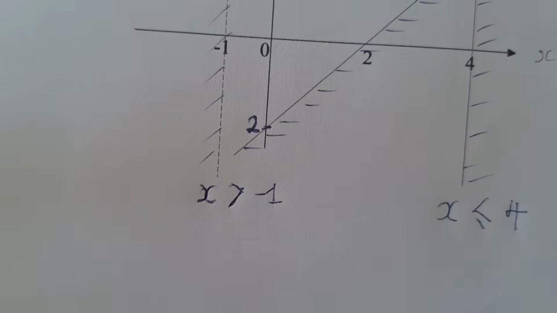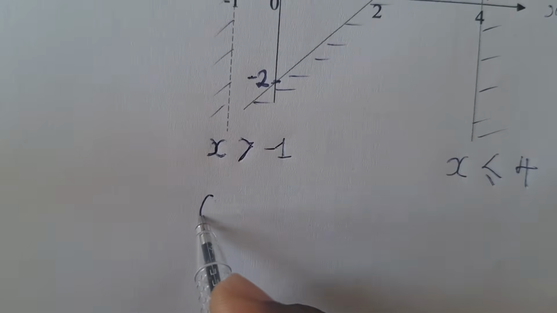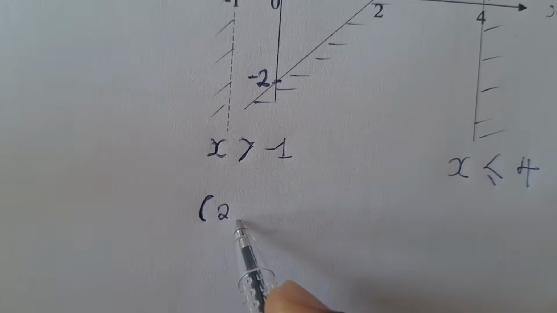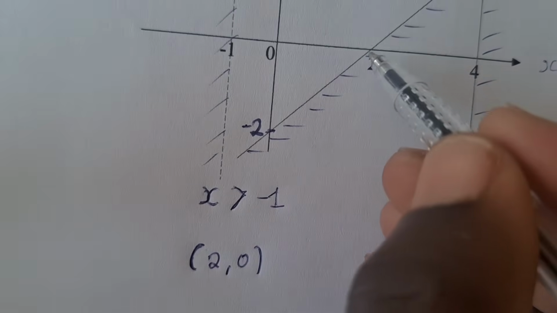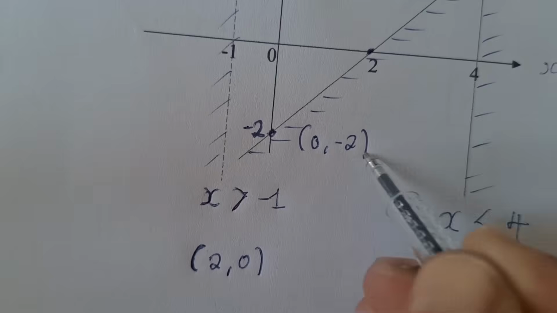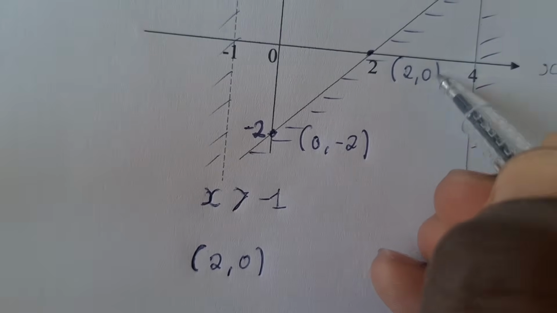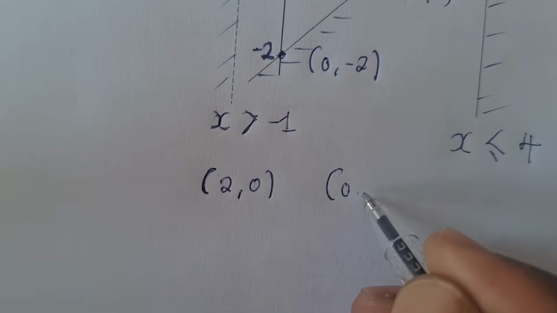For this one, you're going to pick the coordinates. Actually, this is -2. So we've got 2, 0 here, while here it's 0, -2. So get those coordinates.